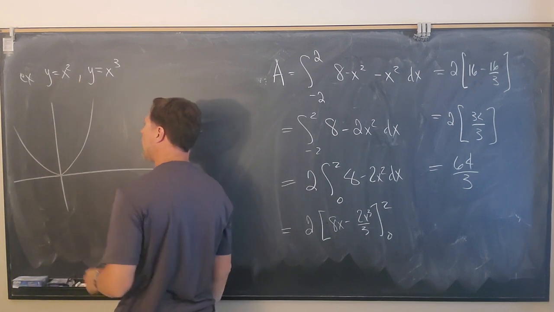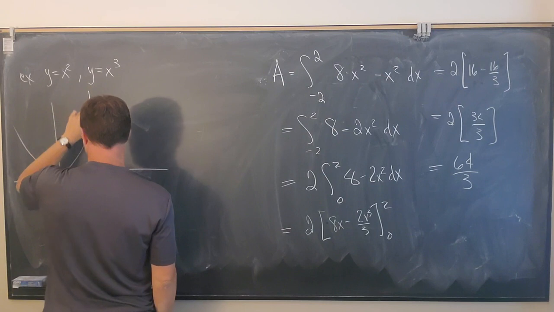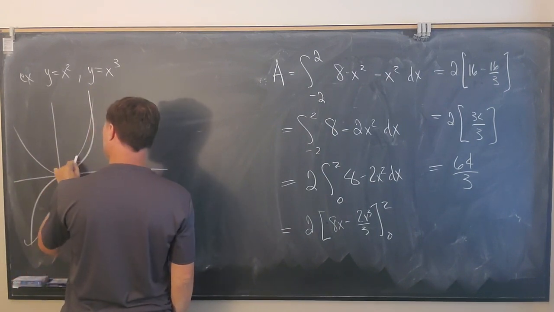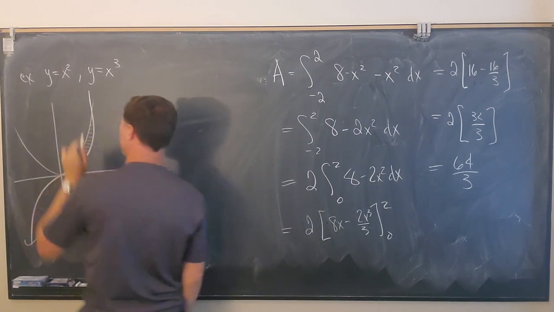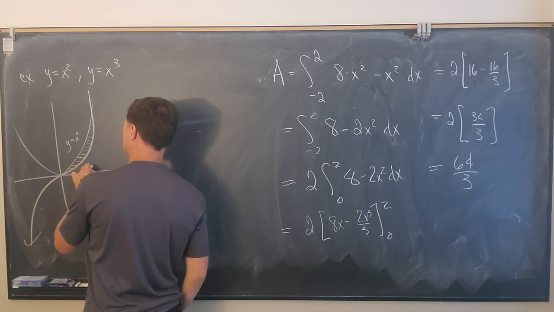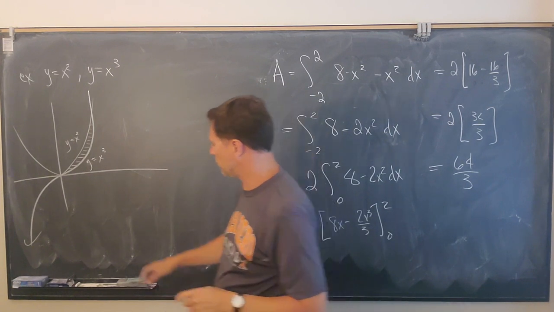It's a parabola. And then the graph of y equals x cubed, it goes something like this. And so what we're looking for is the area in that little sliver right there. So here we have y equals x squared. Here we have y equals x cubed. And we want the area of the region between the two.